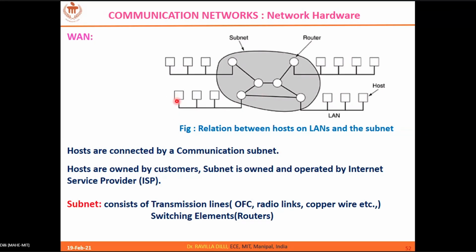I'll transmit my mail and it goes to the Mahe server, and from the Mahe server it goes to other routers. It goes in a hierarchical fashion, and finally it reaches the other end. So the whole network I am talking about is not just one application.